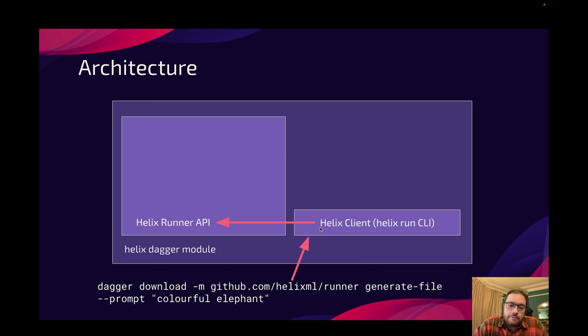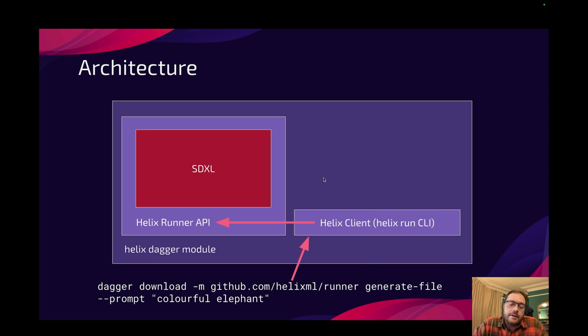The client then made a REST call to the runner API, and the runner is running inside here as a service, which I'll talk about in a bit more detail in a sec. That runner process, running as a service and exposing a REST API, then booted up the SDXL model.